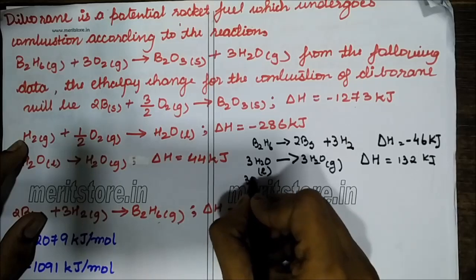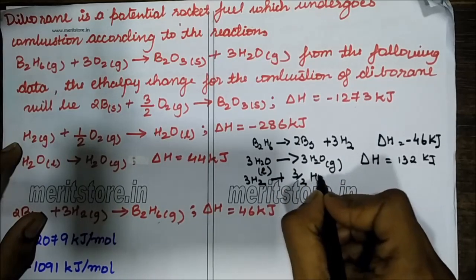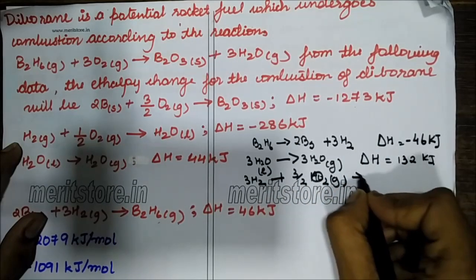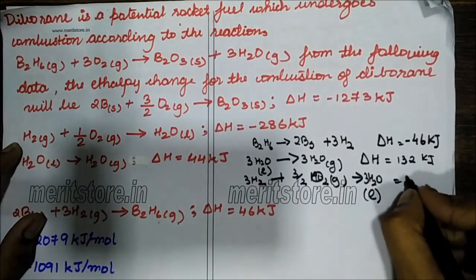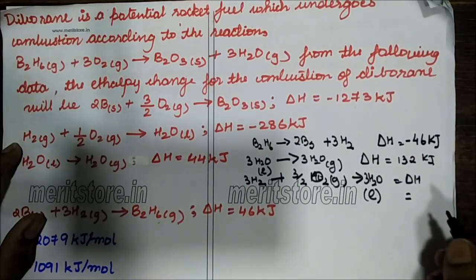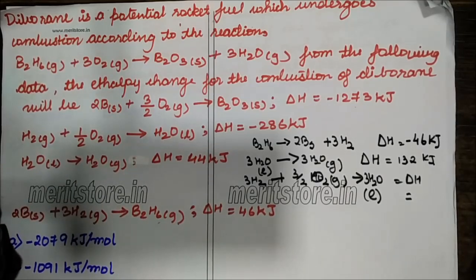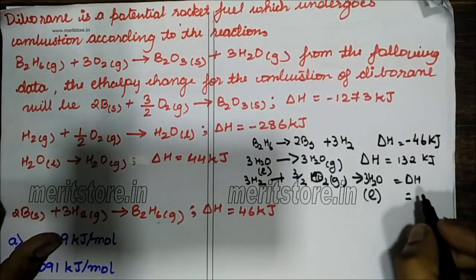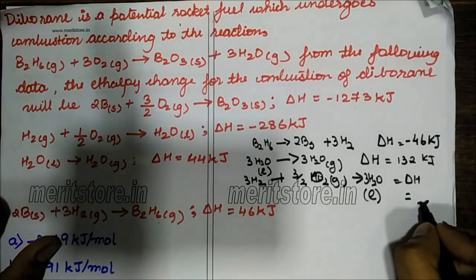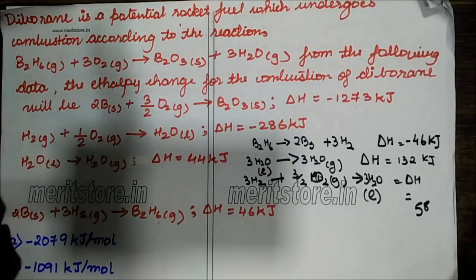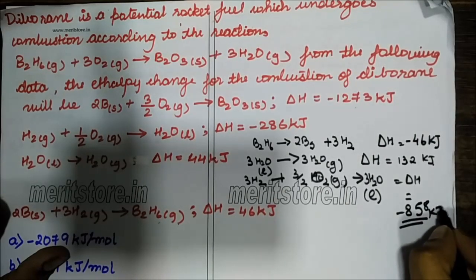So it is going to be 3H2 plus 3 by 2 oxygen in gaseous state giving 3H2O which is liquid. So even my delta H will get multiplied by 3. So minus 286 into 3 would be 6 threes are 18, 24 and 1 is 25, and then 3 twos are 6, 7, 8. So this would become minus 858 kilojoules.